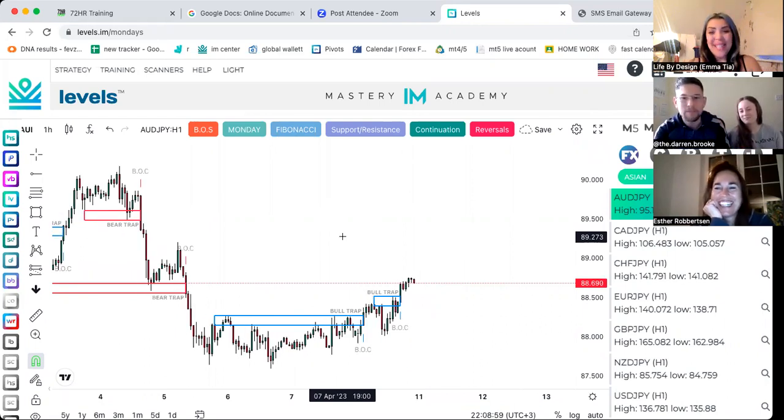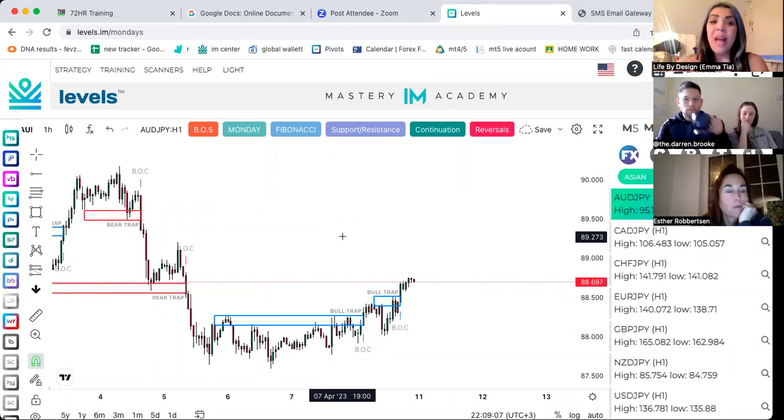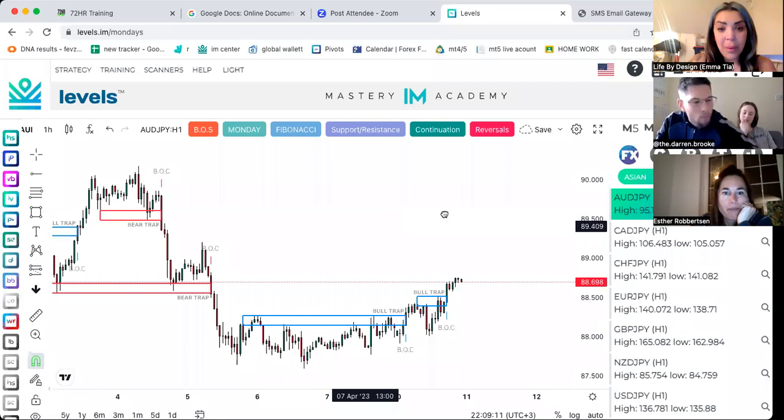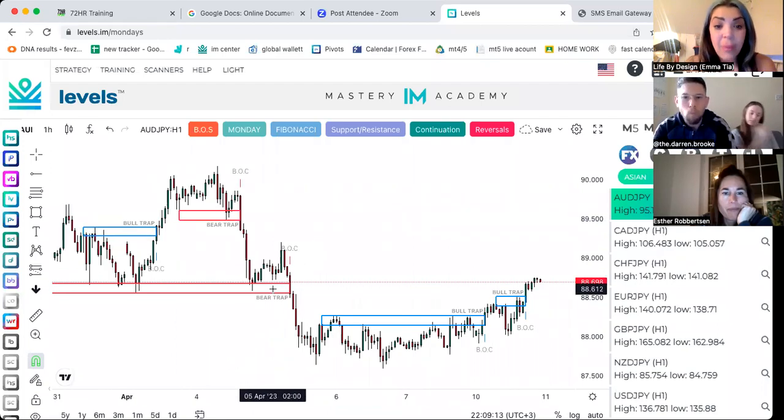Let's talk about continuations. Have you ever noticed, if you're waiting for 100% retracement, let's look at this one here, for example. We've got this red box here, the bear trap. The breakout candle is here.